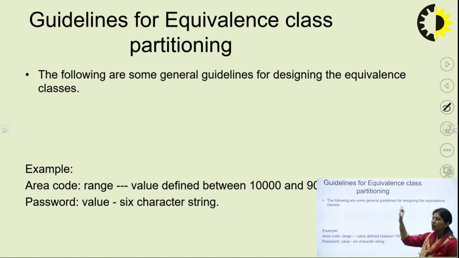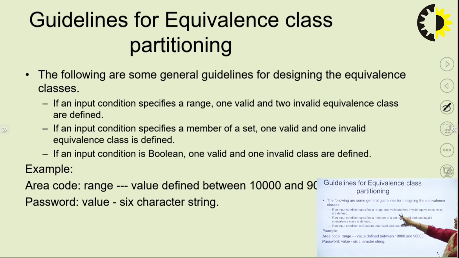Here are some general guidelines for designing the equivalence classes. If the input condition specifies a range, then we create three equivalence classes: one valid and two invalid. Why two invalid?